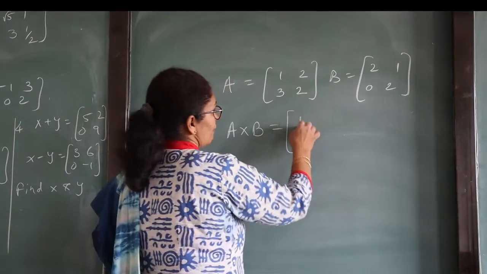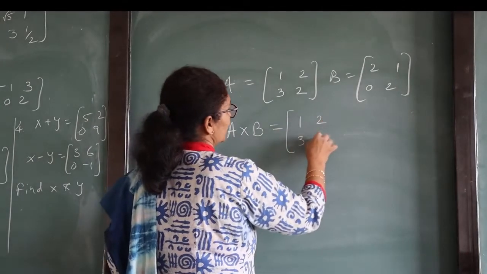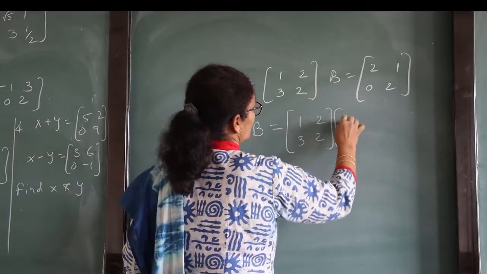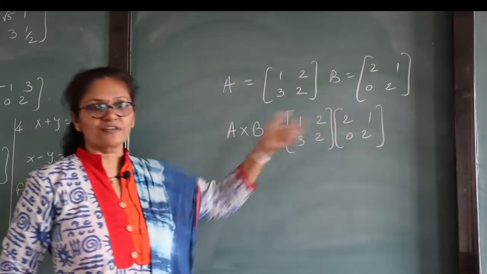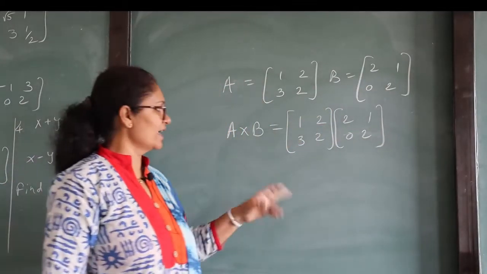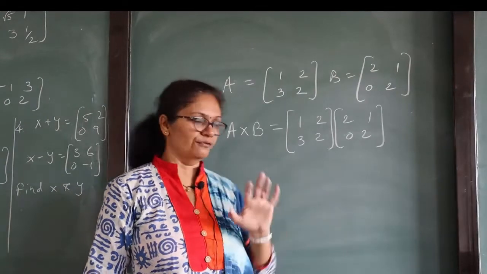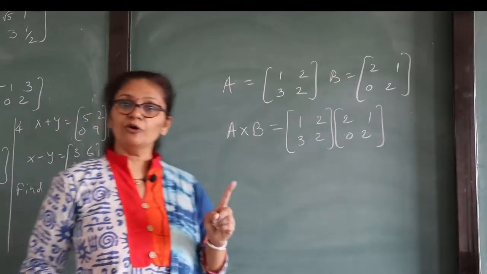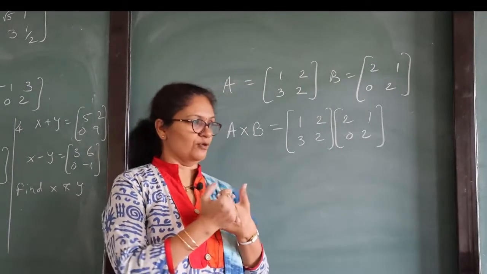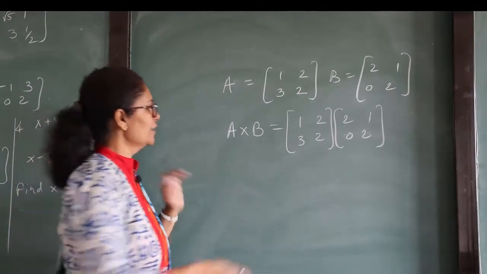Let's see: 1 2 3 2, and 2 1 0 2. Up till now, we added first element with first, second with second, third with third and fourth with fourth. That is the easiest way in addition and subtraction. But here there is a little change.